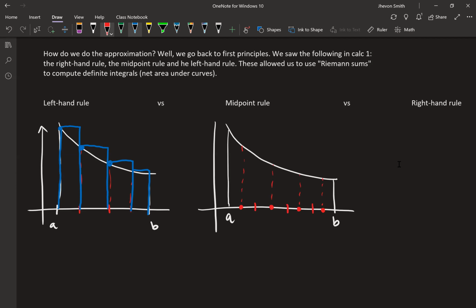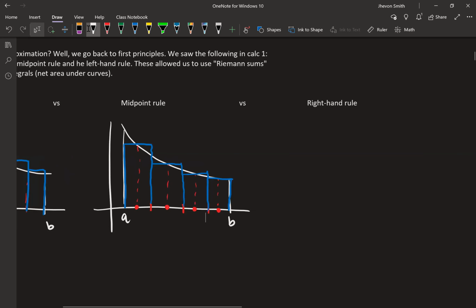Then you erected rectangles that had that as the height on each subinterval. And again, you summed the area of these rectangles and that was your approximation for the area under the curve.